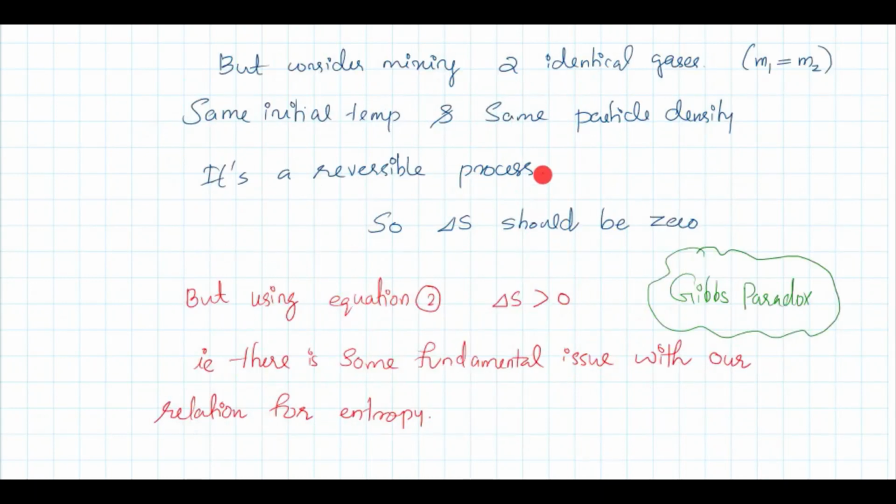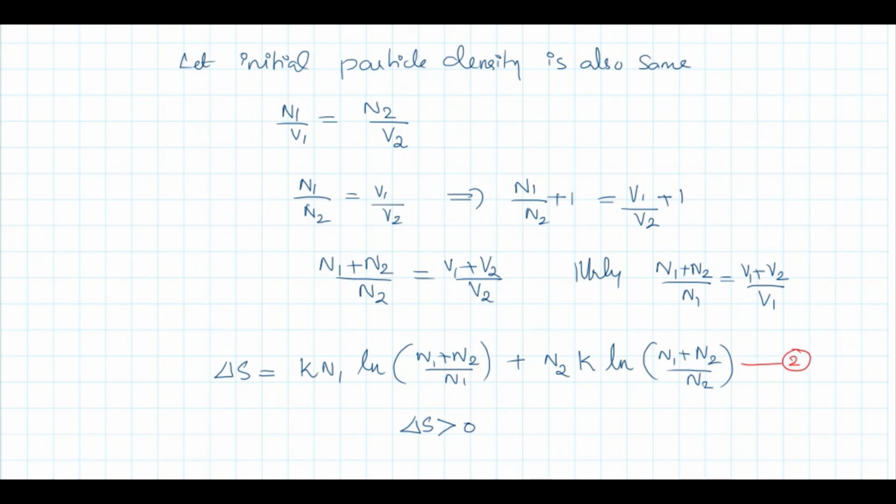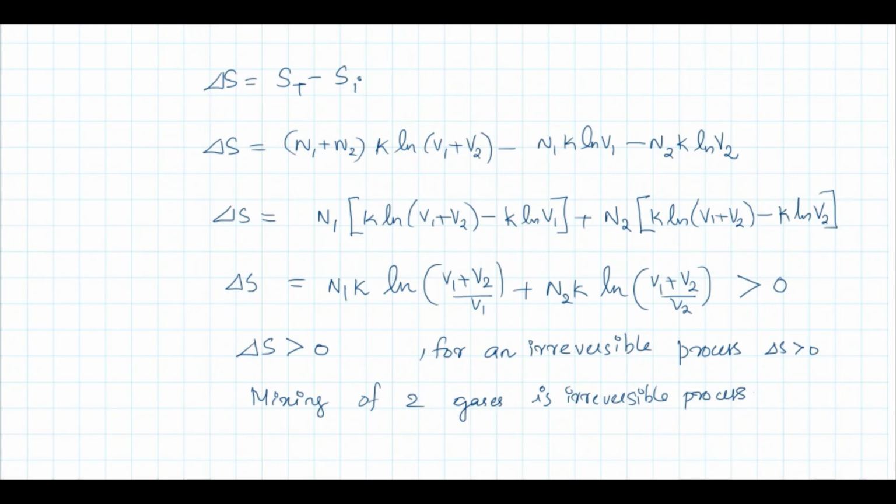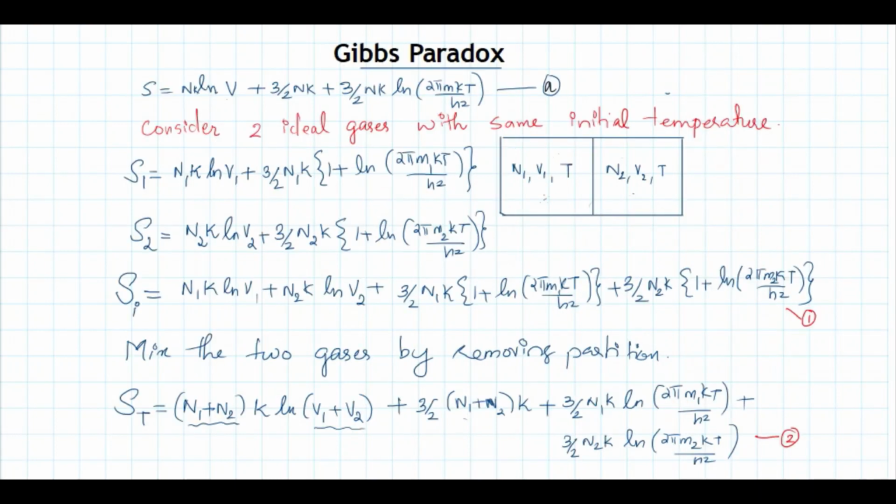And we already know from thermodynamics that for a reversible process, delta S, the change in entropy, should be 0. But using equation 2, this equation, if the gases are the same, the only difference is that M1 becomes M and M2 becomes M. And in S_T also, M1 becomes M and M2 becomes M. When you take the change in entropy, S_T minus S_I, this term will again cancel.